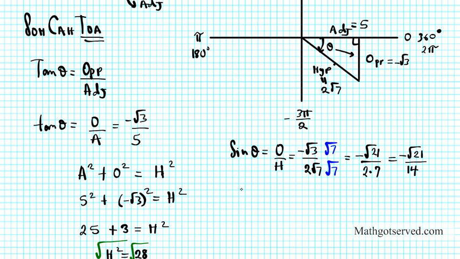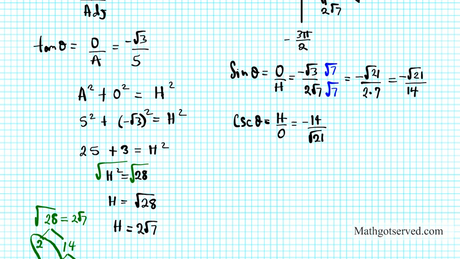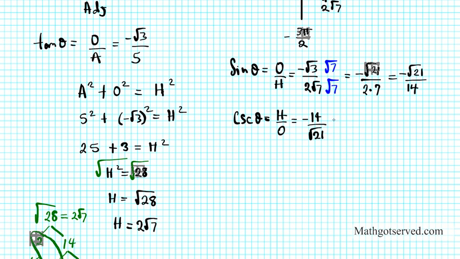Alright, how about we look for the reciprocal of sine? If I reciprocate sine, I'll get cosecant, right? Cosecant theta is hypotenuse over opposite. So I'm going to reciprocate this answer I got, which is going to be negative 14 over root 21. Same situation here. We're going to have a square root in the denominator, so we multiply by root 21 top and bottom.